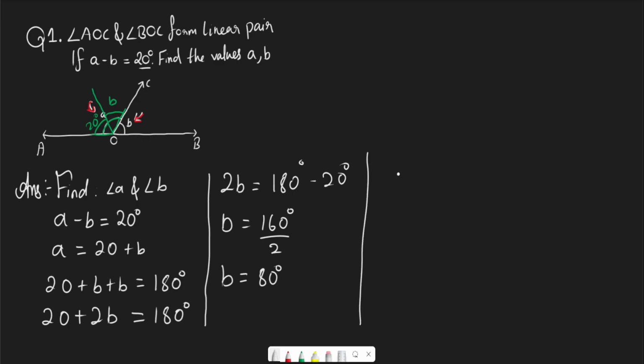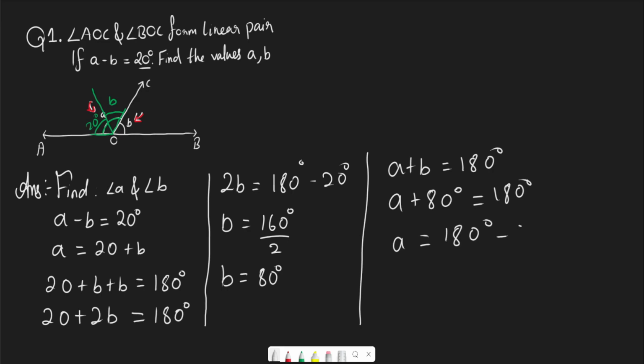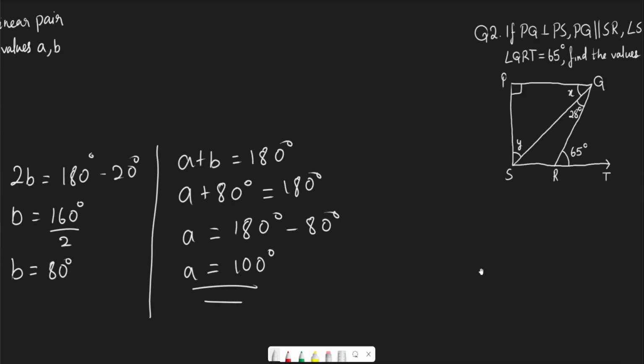We add the value of B here: A plus 80 is equal to 180 degrees, and A is equal to 180 degrees minus 80 degrees, which is equal to 100 degrees. And we found the values of A and B. Now let's go ahead and do question number 2.